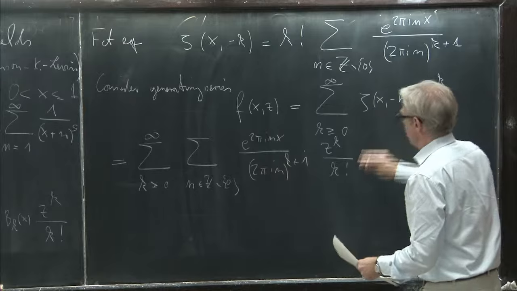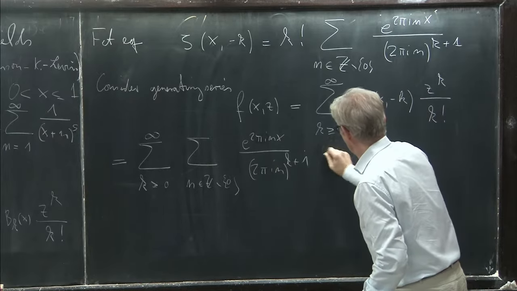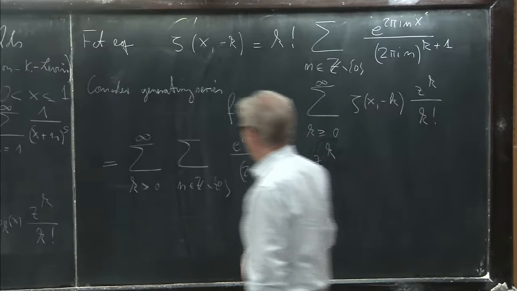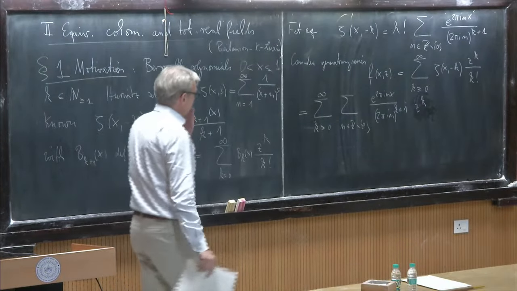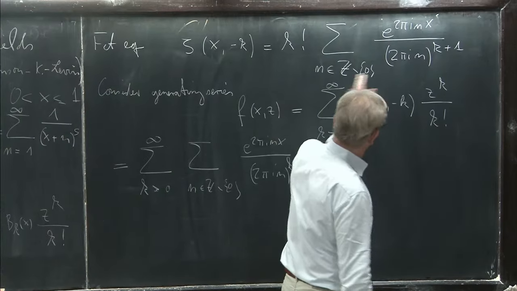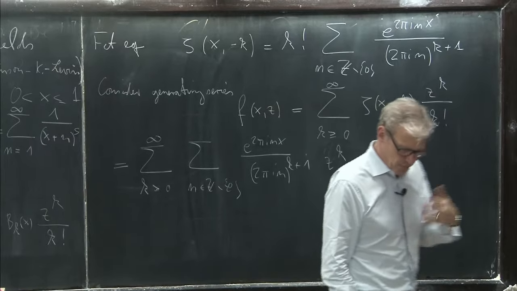The k factorial goes away because the k factorial was there in the functional equation. So you have that series, and now this is the generating series. We want to say something about these values, that they are rational.